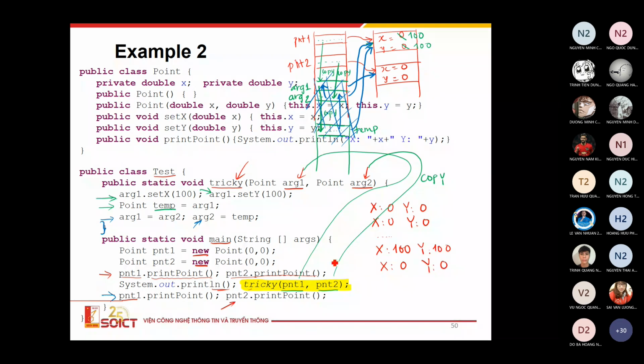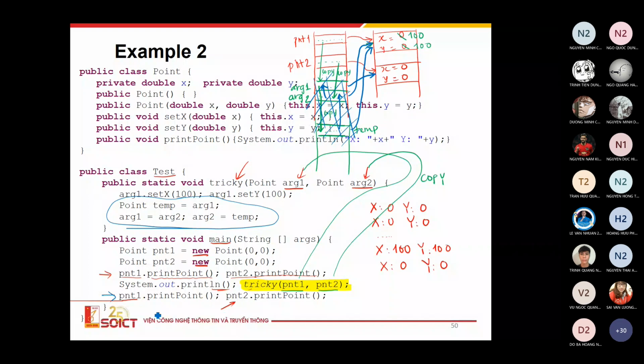Thấy chưa? Đấy, bằng cách là chúng ta đi lần lượt qua các câu lệnh thì các bạn đã thấy rằng sau cái phương thức tricky này nhé. Lúc đầu mình nhìn vào phương thức tricky mình thấy là gì? Trong phương thức này có cái chỗ này cảm giác như là đổi chỗ, đúng không? Của hai đối tượng. Đấy, đổi chỗ hai đối tượng giống như chúng ta trước là chúng ta làm bài đổi chỗ của hai biến, đổi giá trị của hai biến đấy, đúng không?